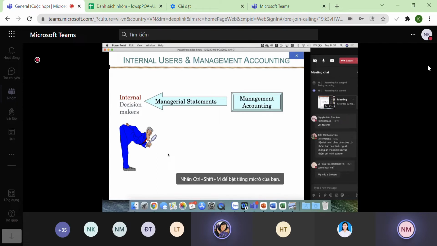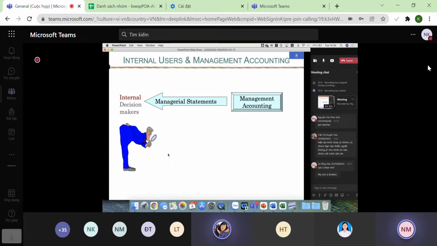Which one has a low inventory level or high inventory level. As a sales manager, we ask for very detailed information about inventory to make the decision, and they ask the accounting system to provide that information.